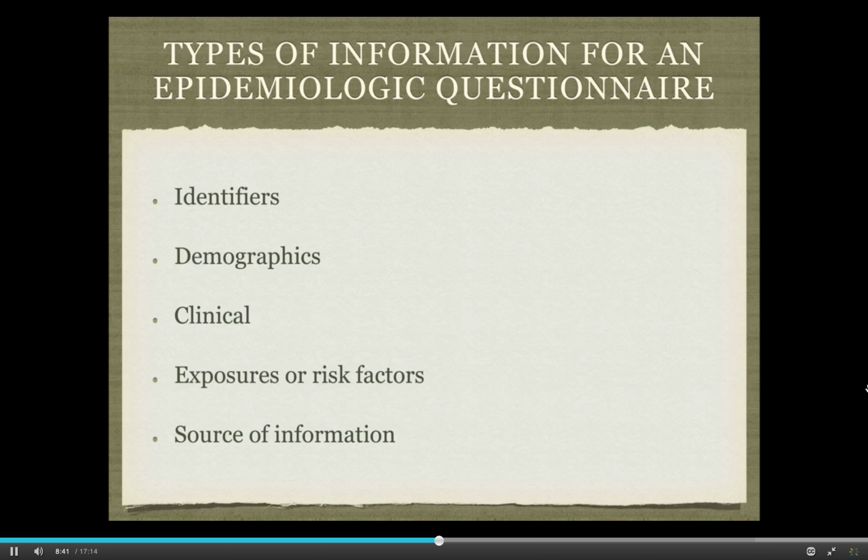If we believe that our exposure or risk factors may be physical activity and diet, then our exposure or risk factor questions would be based on diet and physical activity. And then the source of information is always important. Are we ascertaining this information directly from the participant, or is this information secondary, based on medical records or even by an informant like the parents of children who are underage?